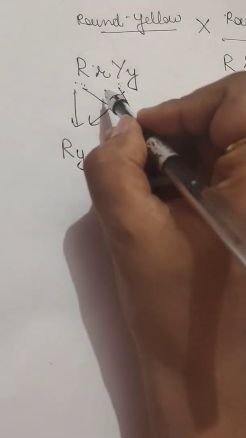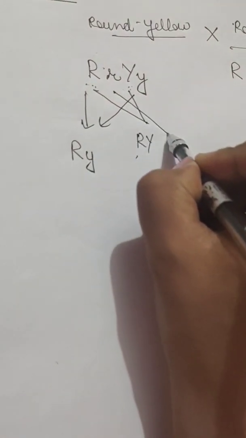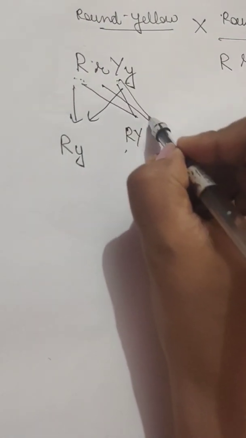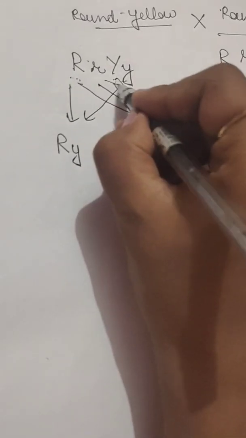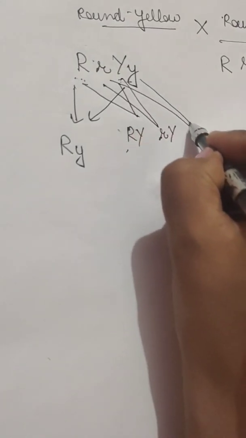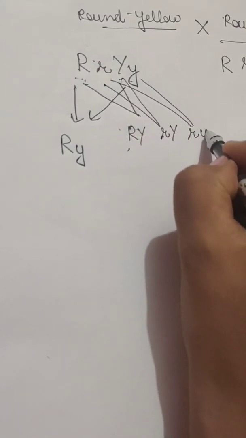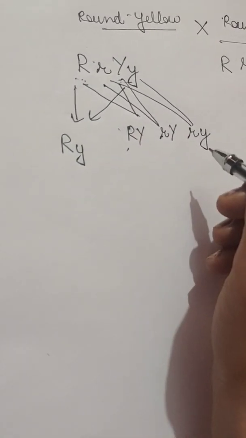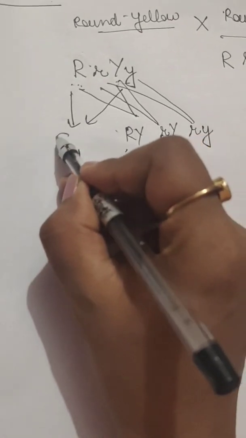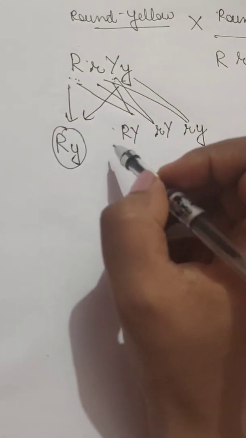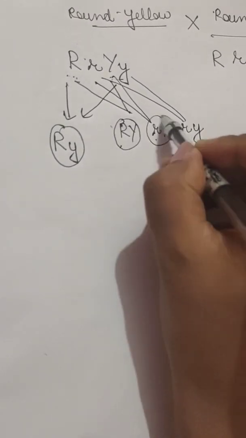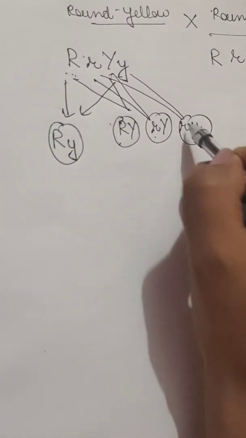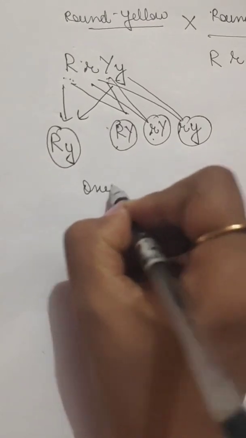So this again with this Y first will be having small r and capital R, and with this Y small r and small r. Okay, so a capital R and a small y, a capital R and a capital Y, a small r and a capital Y, a small r and a small y. This is one hybrid.